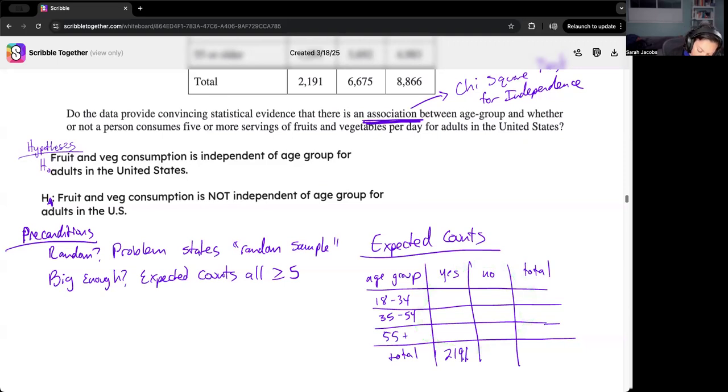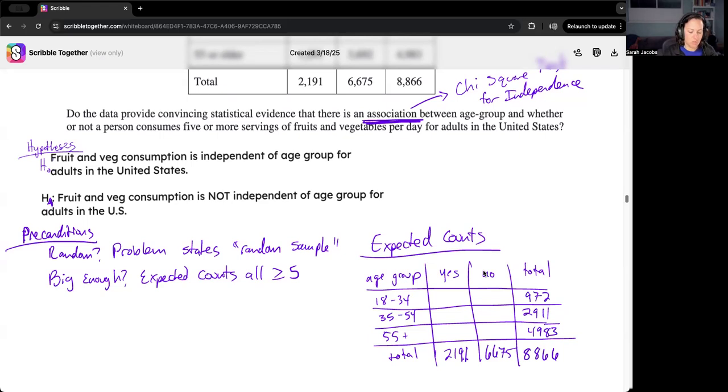So I'm going to put my totals in. 6675, 8866, and then we have 972, 2911, and 4983.